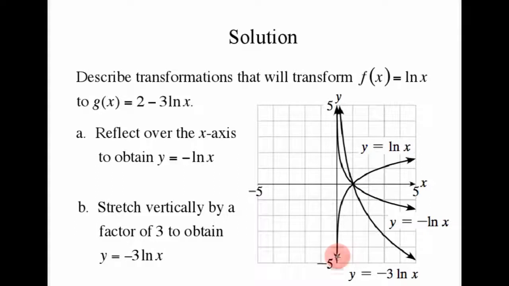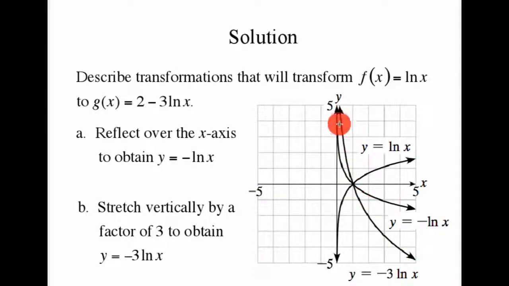So here we have our natural log function. Here we have the reflection of that across the x-axis. And then this curve here is negative 3 times the natural log of x. So there's our vertical stretching.